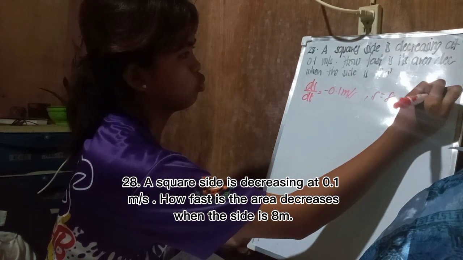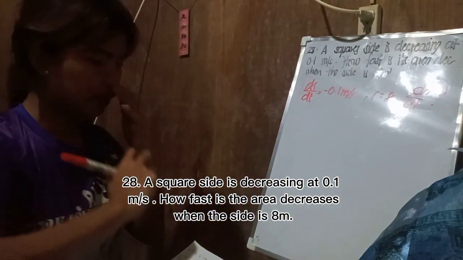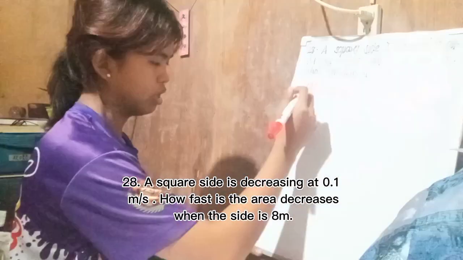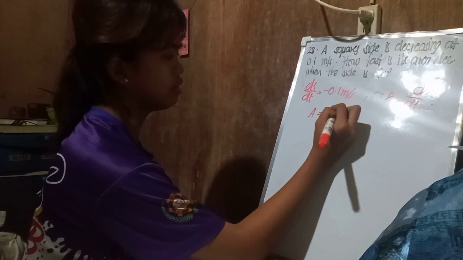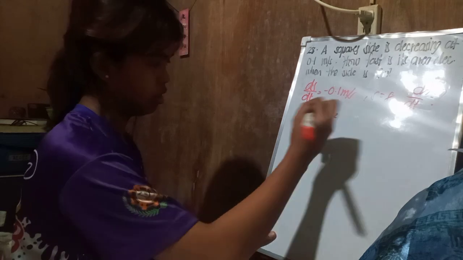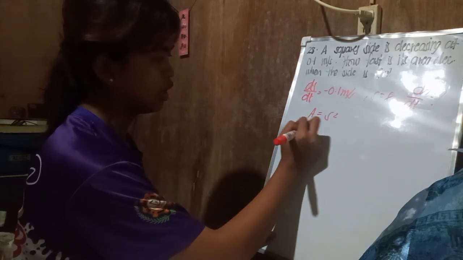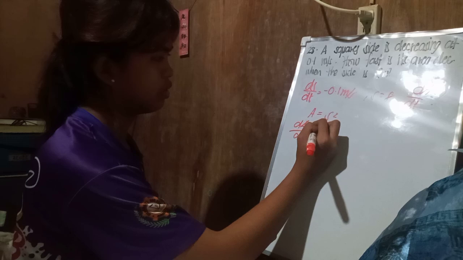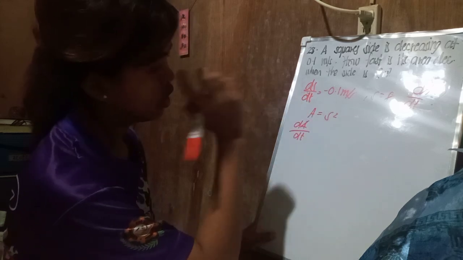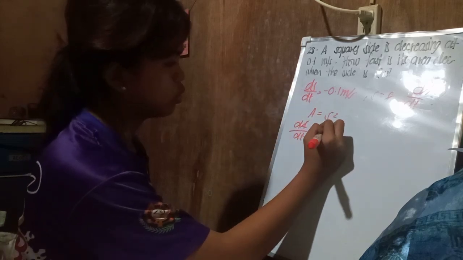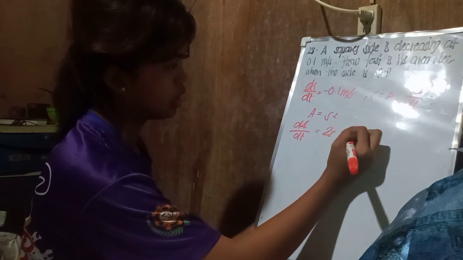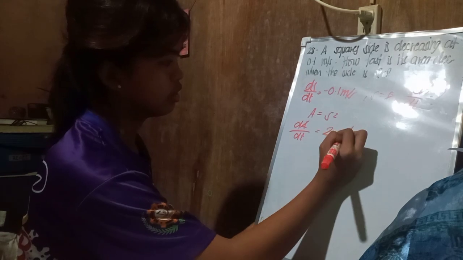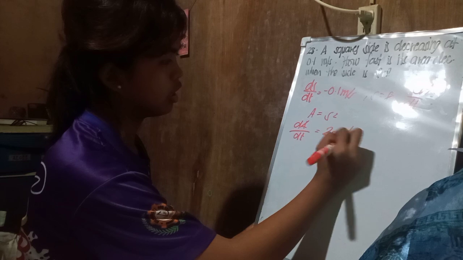So we're going to use the formula of area, A equals S squared. We need to derive it, so dA over dt equals 2S times ds over dt.